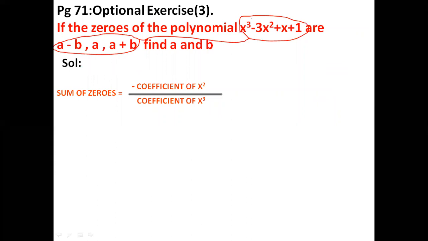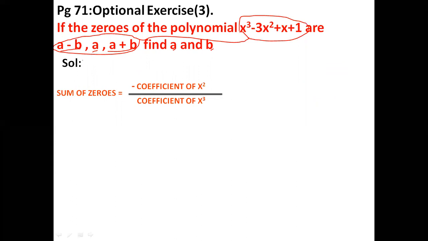Actually this is of degree 3, so it has three zeros. So the zeros are a minus b, a and a plus b. Now what we have to find is the a value and the b value. So I'm writing the formula: sum of zeros is equal to minus coefficient of x square by coefficient of x cube. Here the zeros are a minus b, a, a plus b.